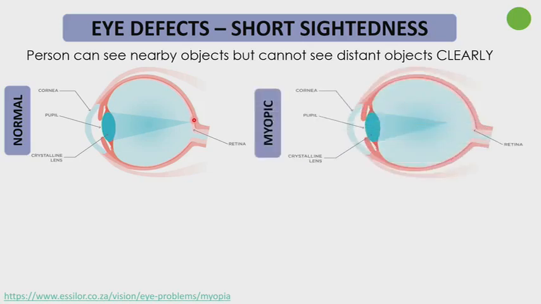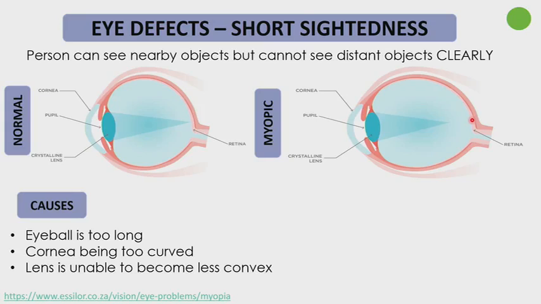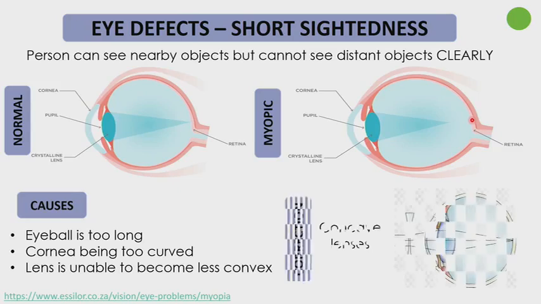But in the state where the person's got a myopic eye, short-sightedness, myopia, then we find that the light rays kind of fall short of the retina, so in the middle of the chamber, and the photoreceptors are not stimulated enough to give us a clear image. So the causes could be that the eyeball is either too long, or the cornea is too curved, or the lens is unable to become less convex.